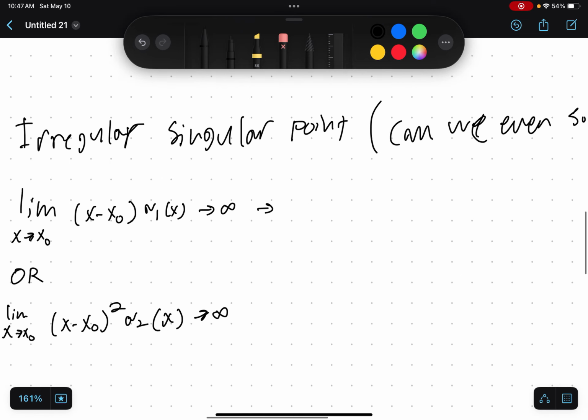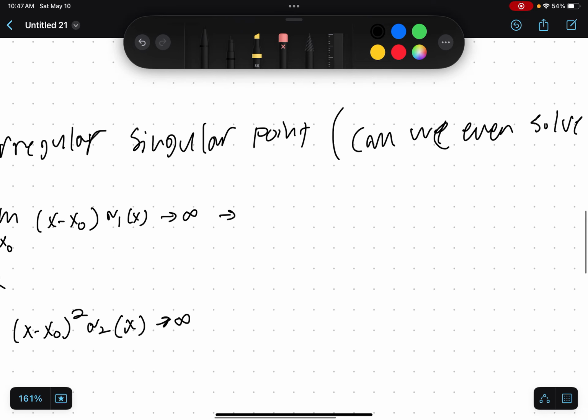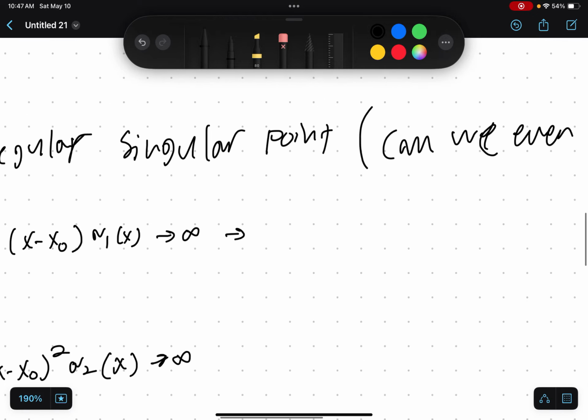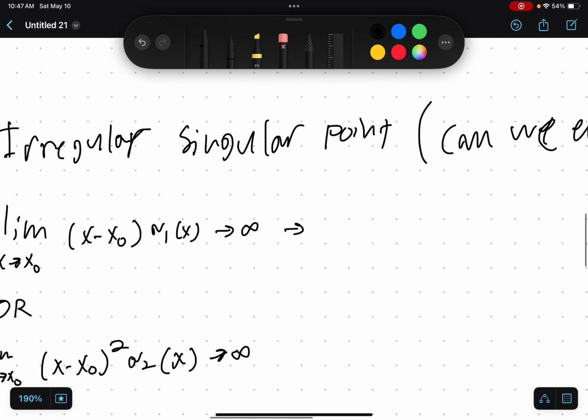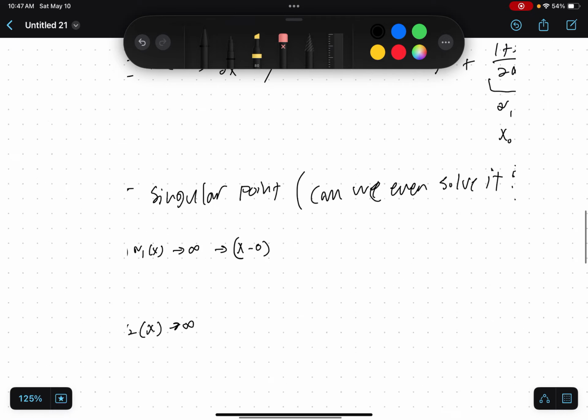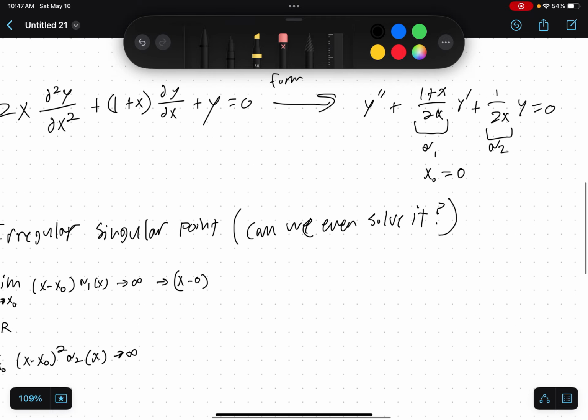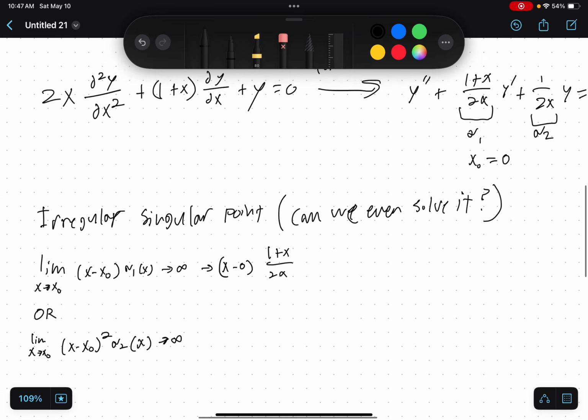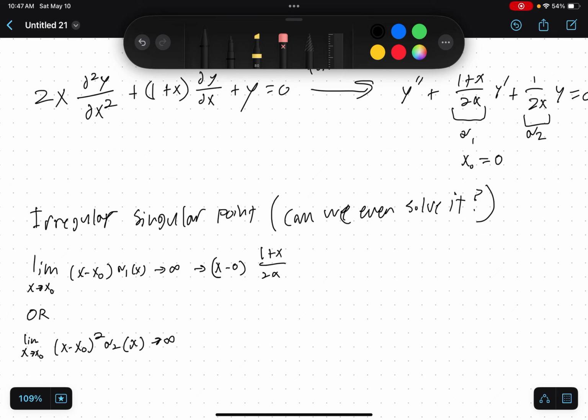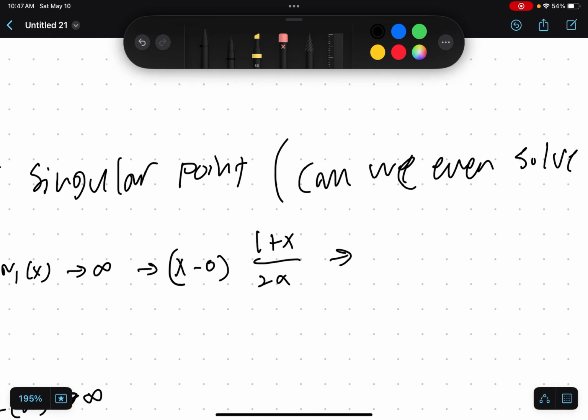So this first one, the limit of x minus x naught, so that would just be x minus 0 times a1, goes to infinity when you plug in 0 into x.